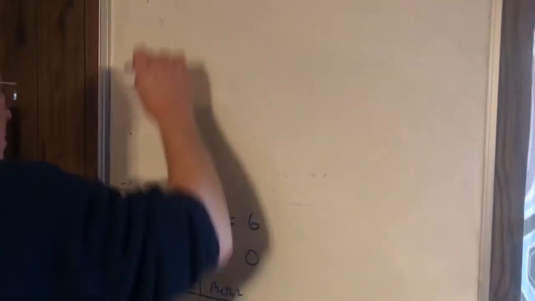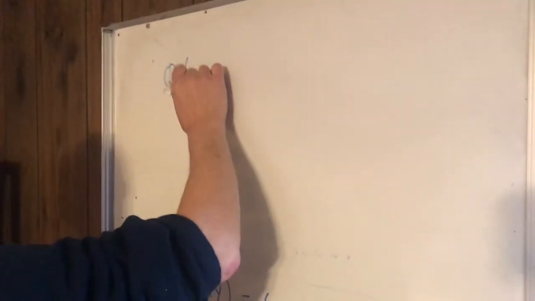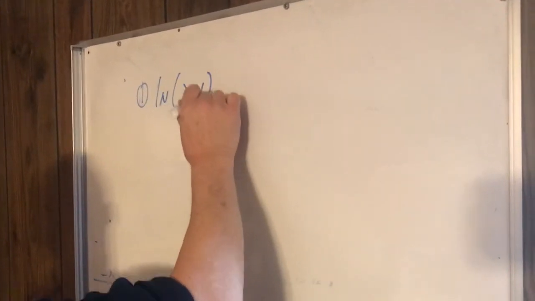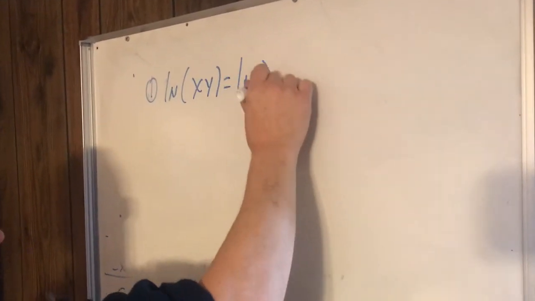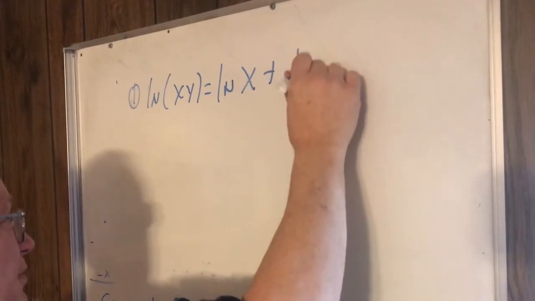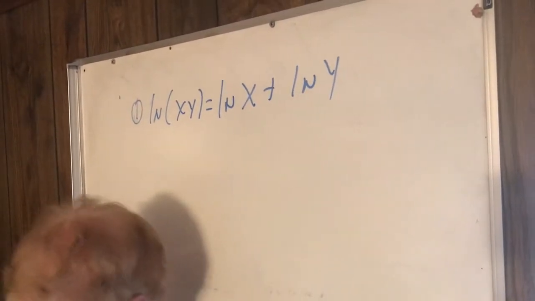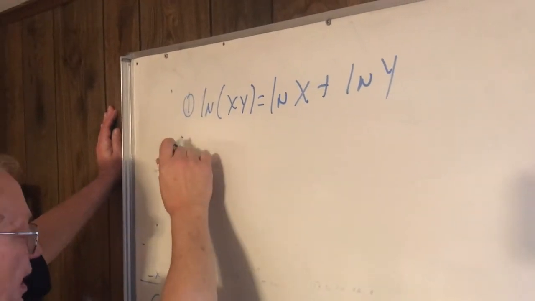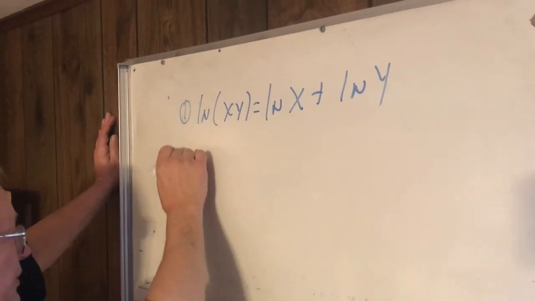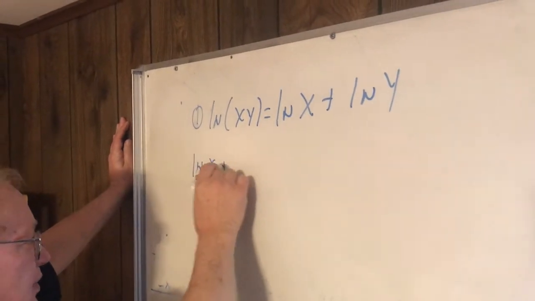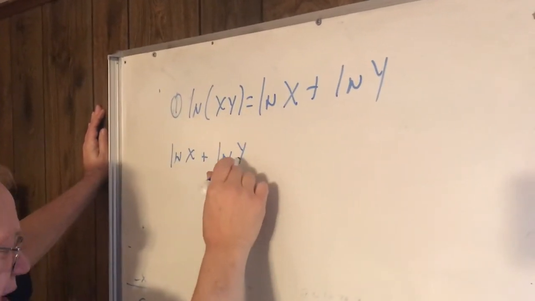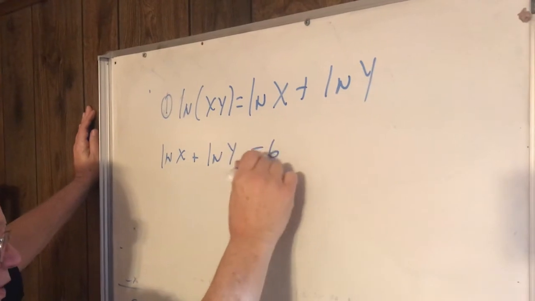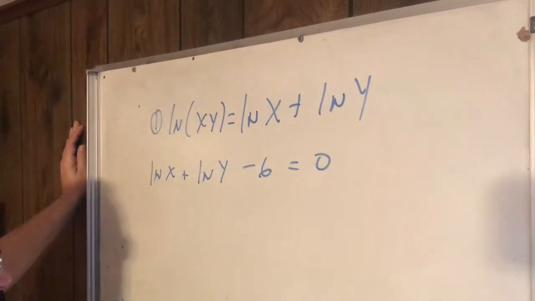Well, notice one of our log rules says that the log of xy can be the log of x plus the log of y. So I can take this function and make it the natural log of x plus the natural log of y minus 6 equals 0.